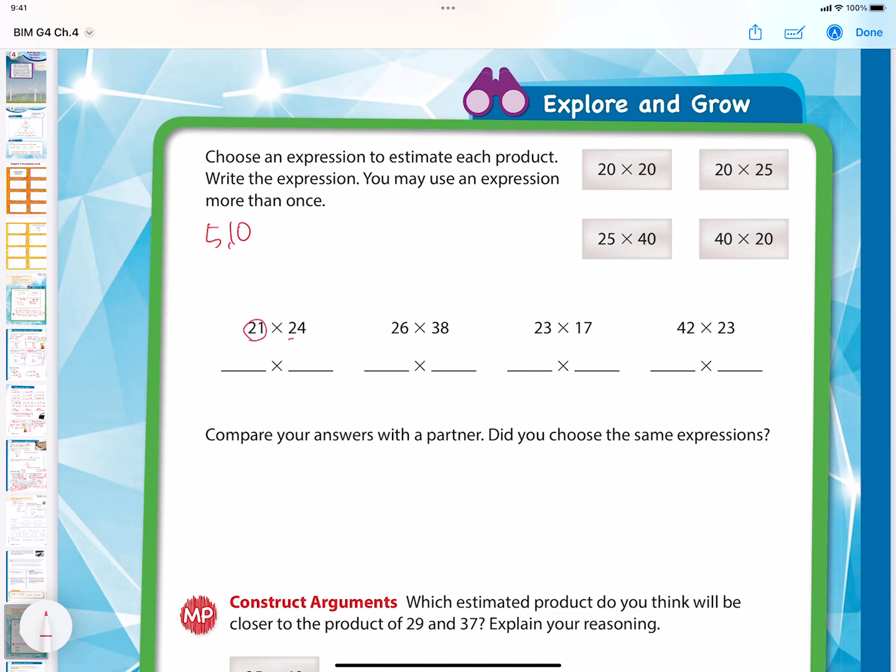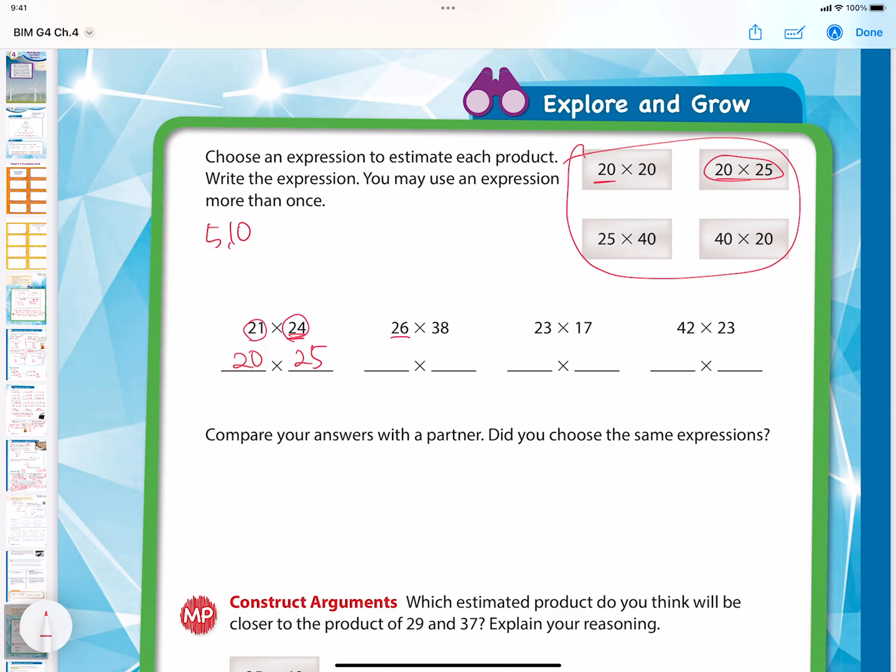So 21 and 24. 21 is very close to 20, and 24 is very close to what? 25, right? So we are going to say 20 times 25 is reasonable.